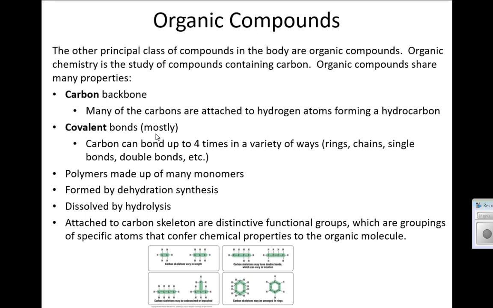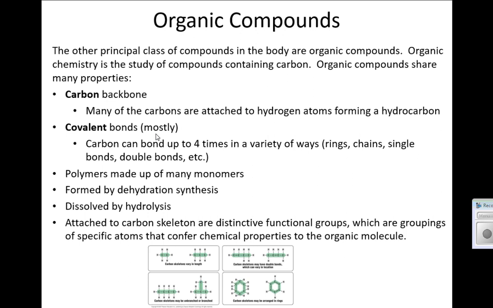Remember, carbon had an atomic number of 6, which meant that it could fill up its first ring with 2, and then that left it with 4 in its outer valence layer. Now, 4 is not 8, so it is not satisfied. So it's going to seek out 4 more opportunities to satisfy its octet. And it can do so in a variety of ways.